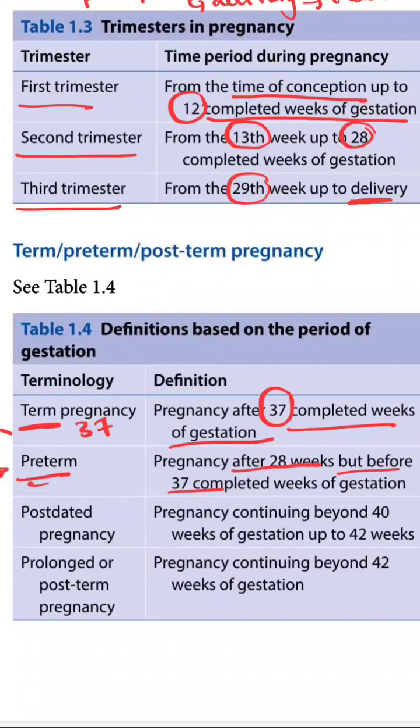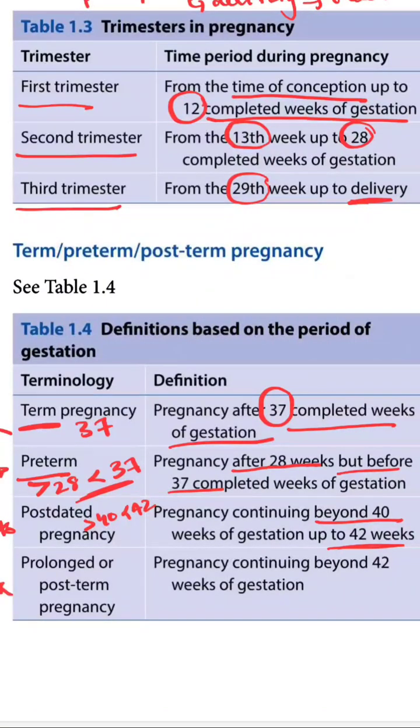So this period is preterm. Postdated pregnancy means pregnancy continuing beyond 40 weeks but up till 42 weeks.